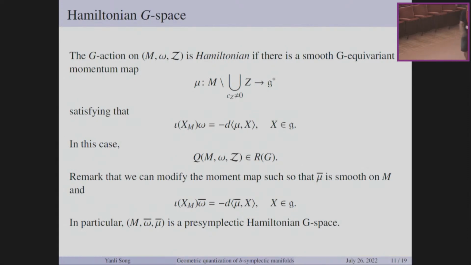For example, if it goes to infinity in the positive direction, and goes to negative infinity towards here, then when you approach their intersection, the momentum map will fail to be proper, because when you approach here, it's like a linear combination of something very positive and something very negative.